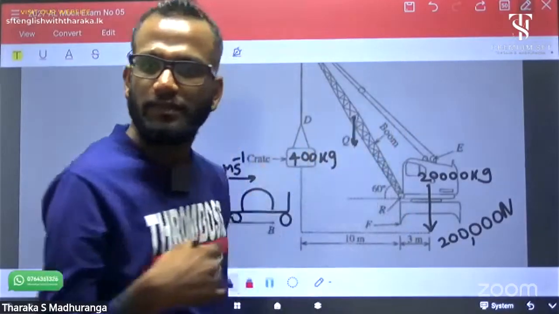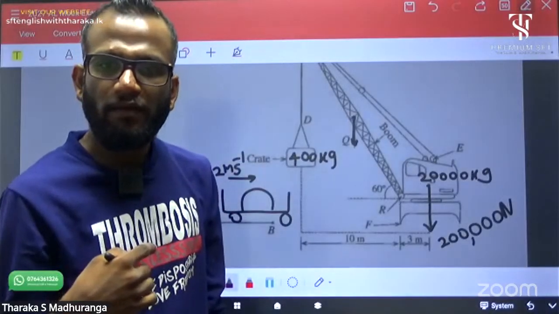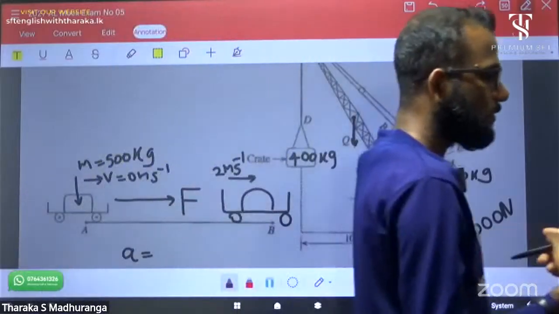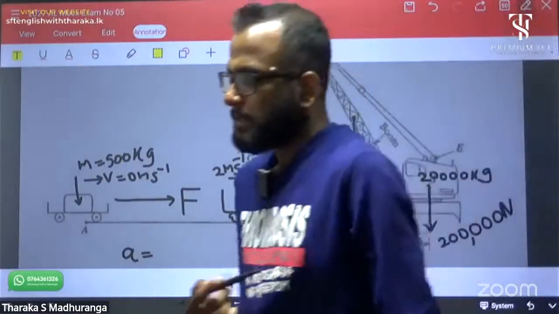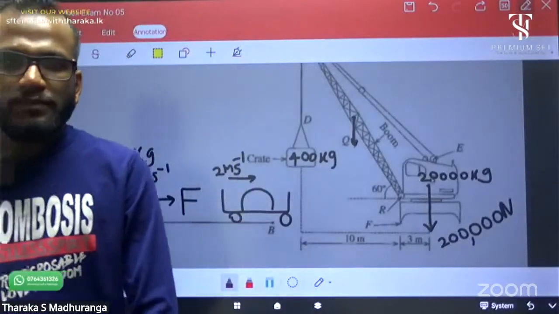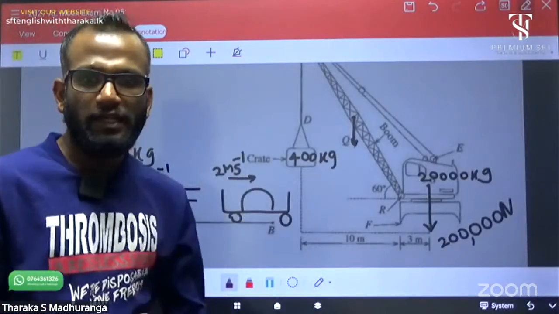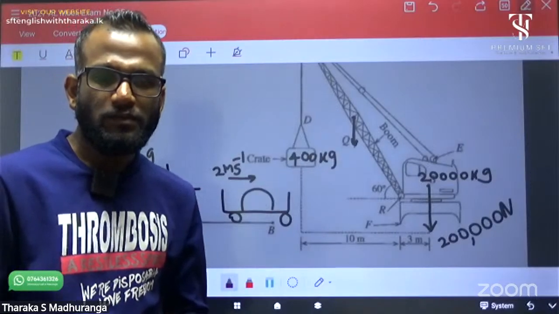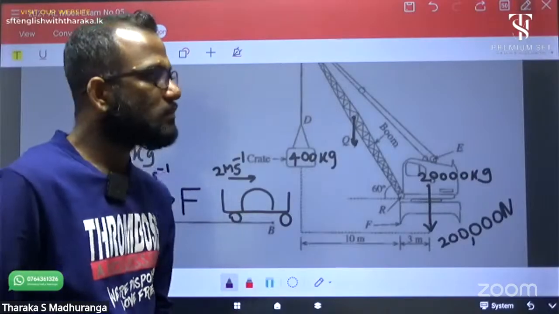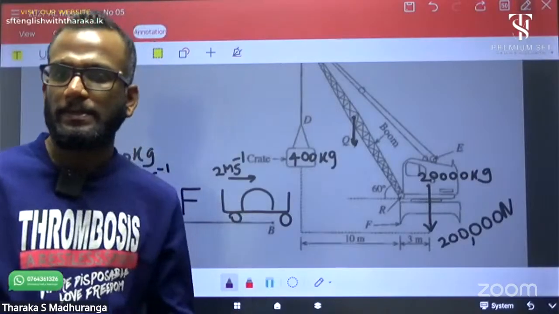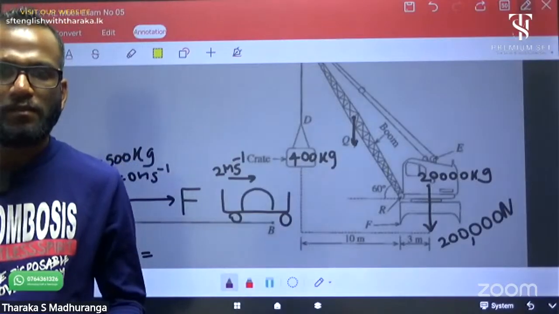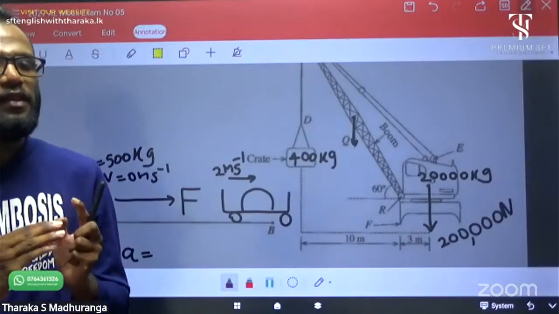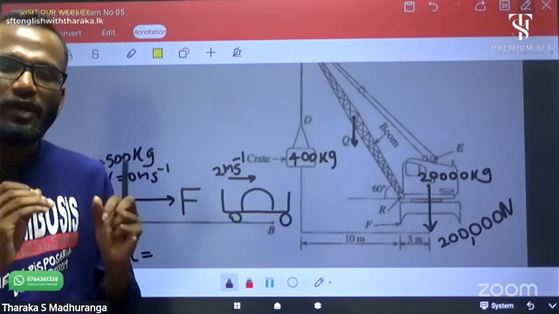What is its weight? Weight equals m into g, mass into gravitational acceleration.